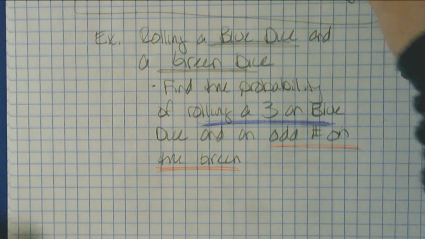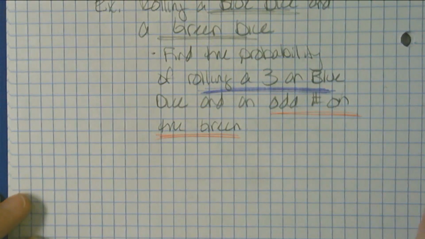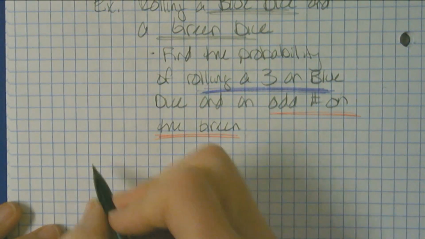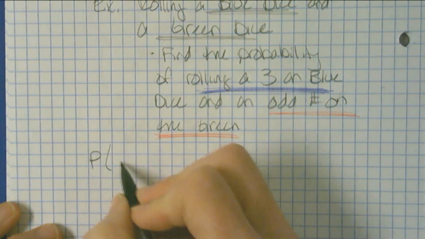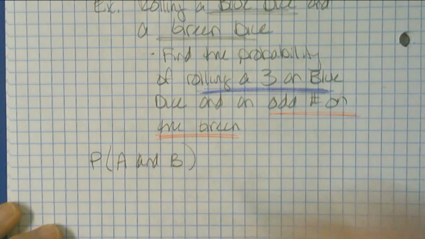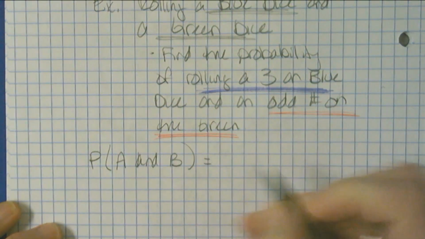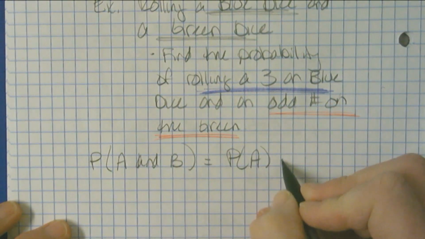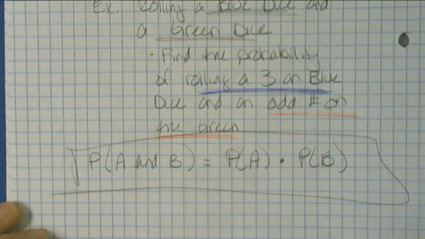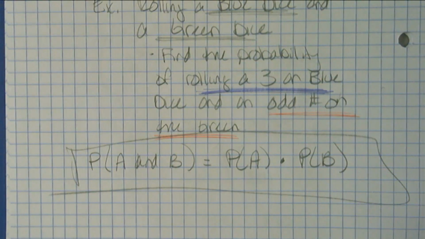Okay, there's one formula for compound probability. It's the same formula for all types of compound probability. The probability of A and B is equal to the probability of A times the probability of B. So we find the probability of the first thing happening, and we multiply it by the probability of the second thing happening.